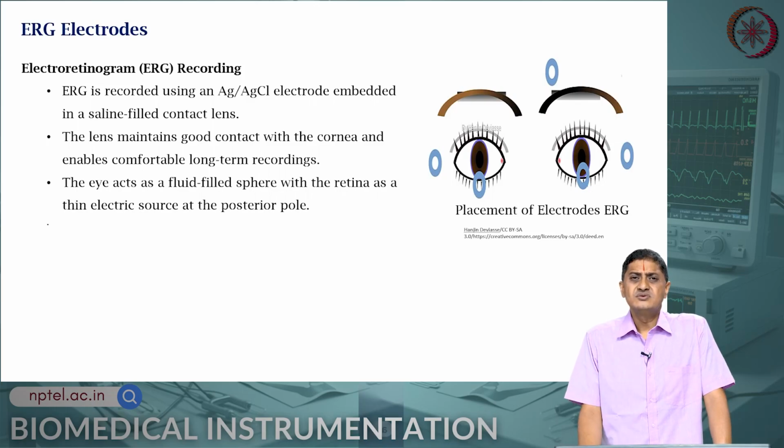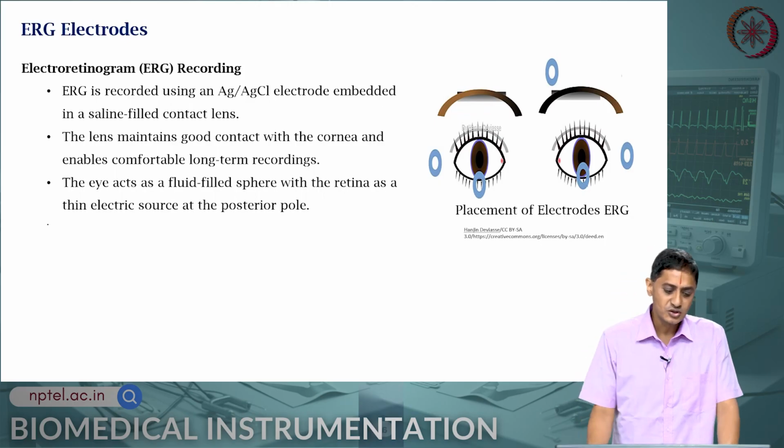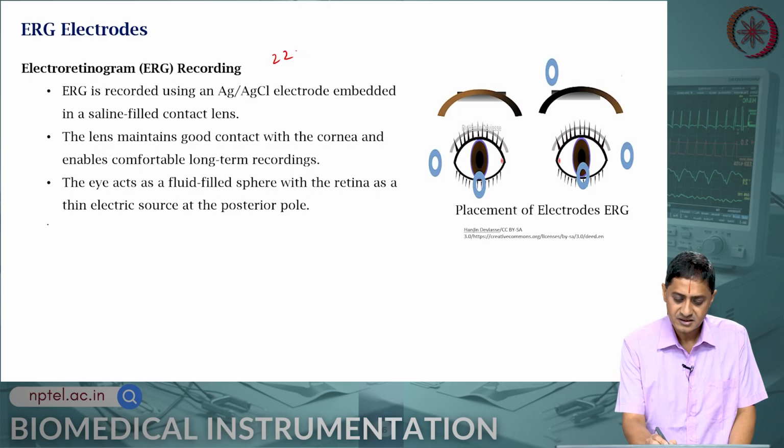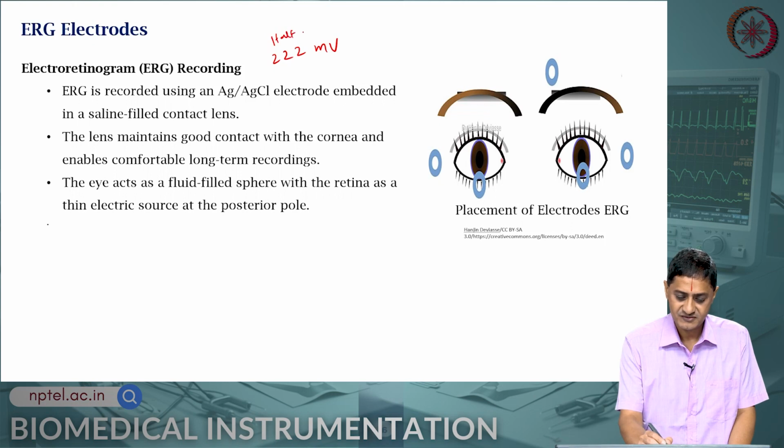So, essentially you record ERG using silver chloride electrode. Why is that? Because minimal polarization. What is the half cell potential of silver chloride electrode? Long time ago we did discuss this, about 222 millivolts.